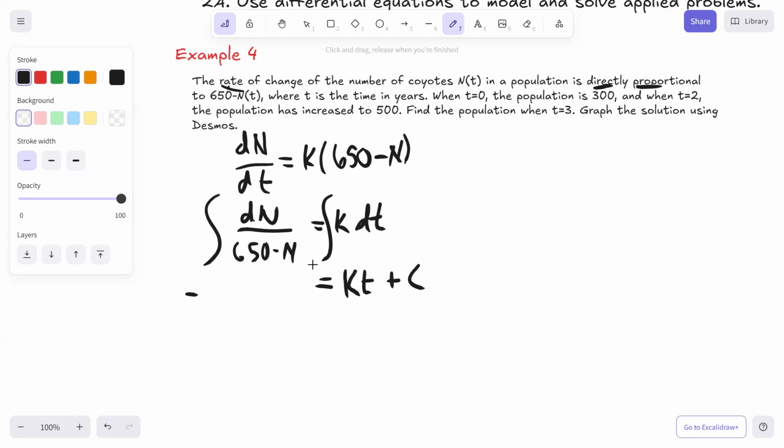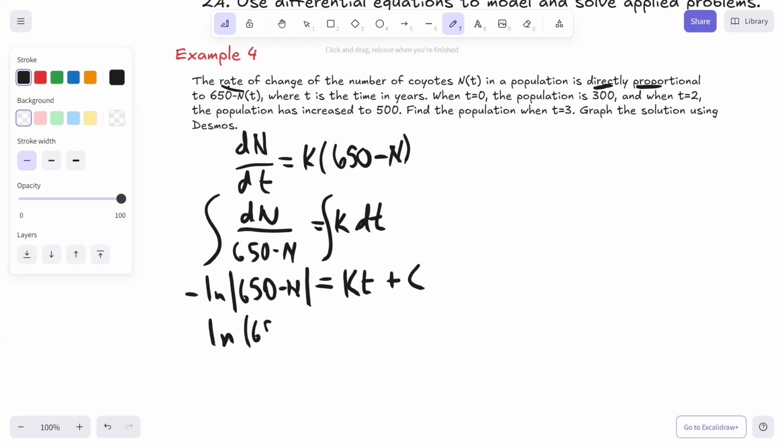The left side is natural log. But you would have a negative in there because the denominator is 650 minus N, so negative natural log, absolute value 650 minus N. It is helpful to multiply both sides by negative 1.